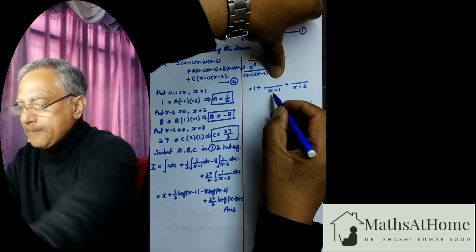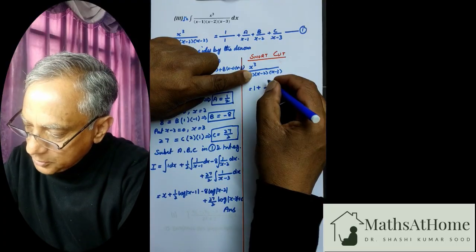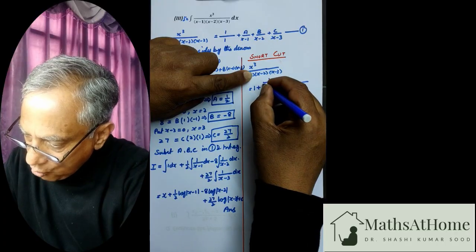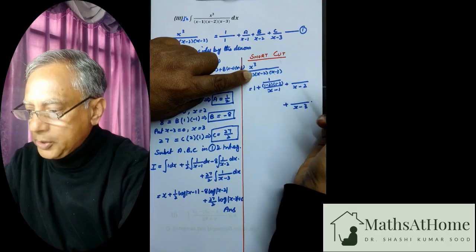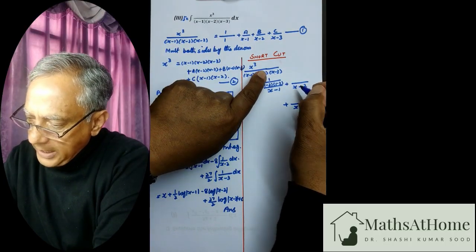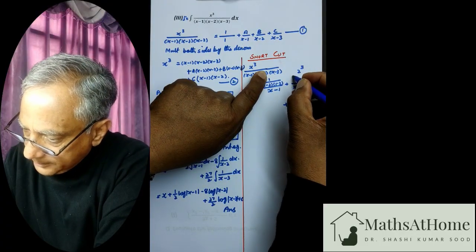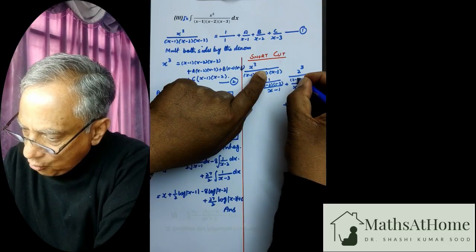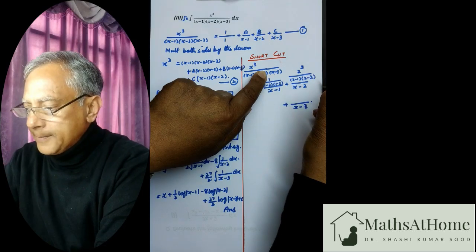So for this, hide x minus 1 and put x equal to 1 in the rest. So this will be 1 cube, that is 1 over (1 minus 2) into (1 minus 3). For this, hide this and put x equal to 2 in the rest. So this is 2 cube over (2 minus 1) into (2 minus 3).